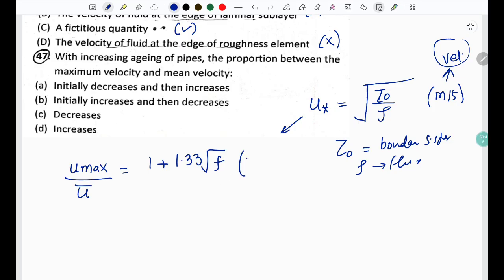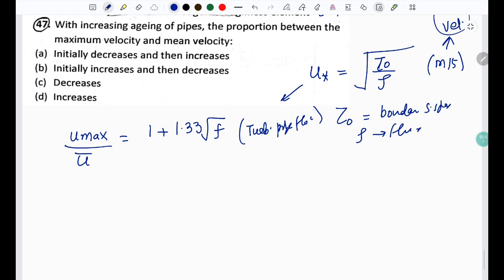This is for turbulent pipe flow. Now, as the pipe ages, there is scaling in it, there is corrosion and there is deposit, which increases the roughness of the pipe wall.